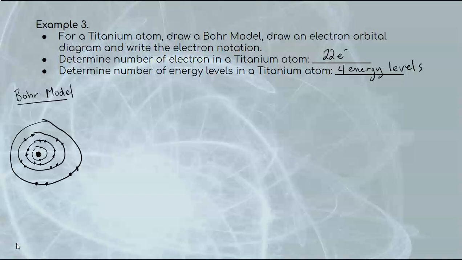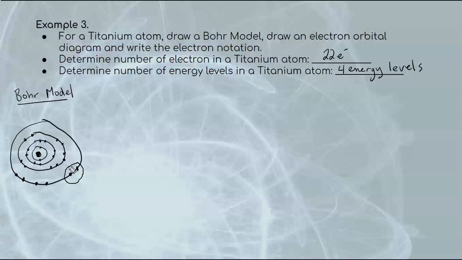So if I'm filling up all these energy levels on the Bohr model, the question becomes, what do I do with these last 2 electrons here? Do I put them on the 3rd energy level? Or are they going to go on the 4th energy level as I already have them? The answer is it's not clear cut, right? Because the Bohr model is incomplete.